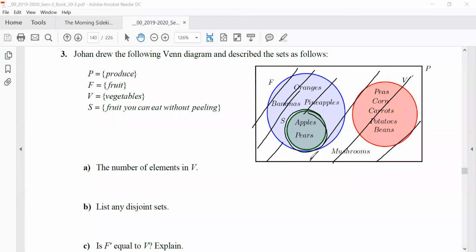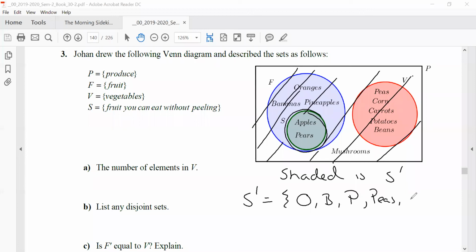All of this is not S. So the shaded is not S. So I would list this out. I would say oranges, bananas, pineapples, peas, corn, carrots, potatoes, beans, mushrooms.